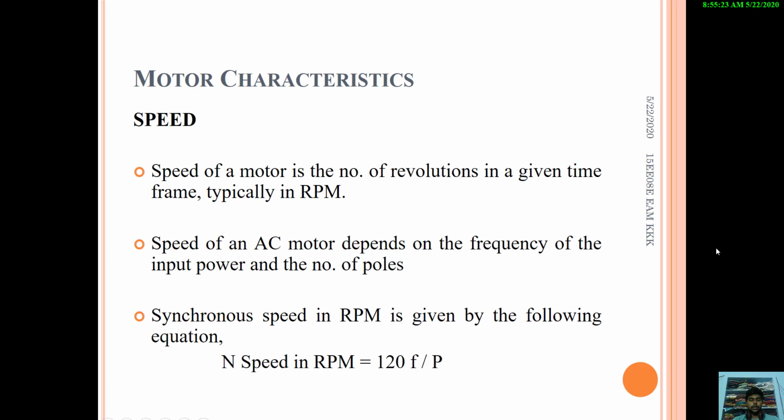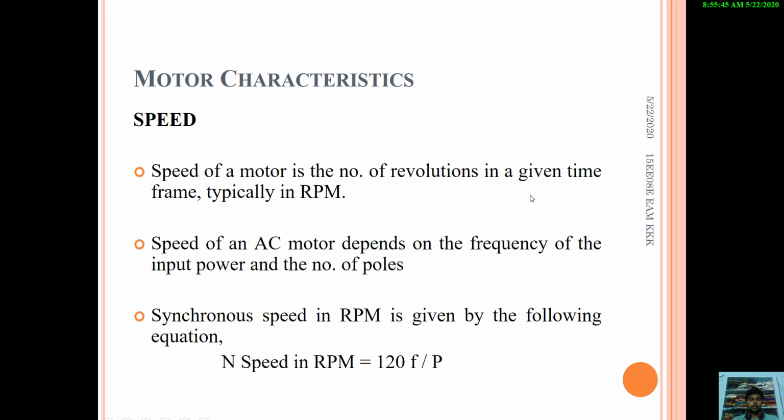In general, there are many types of characteristics available for different types of motors, like AC motors and DC motors, and various different subcategories of motors. Everything has different types of characteristics and different comparisons with the parameters.